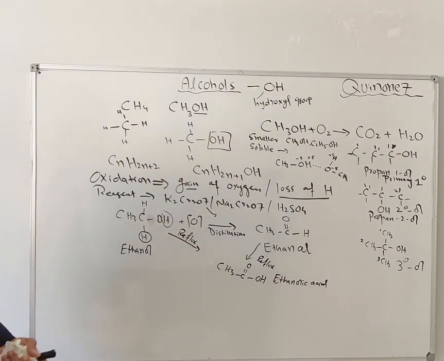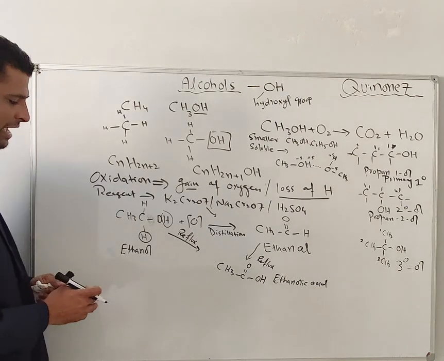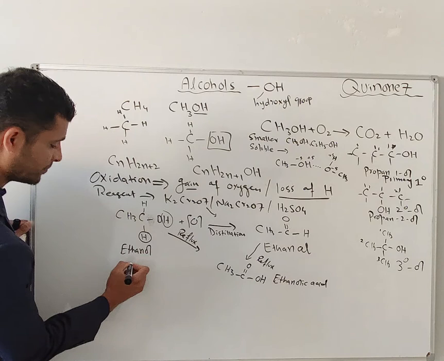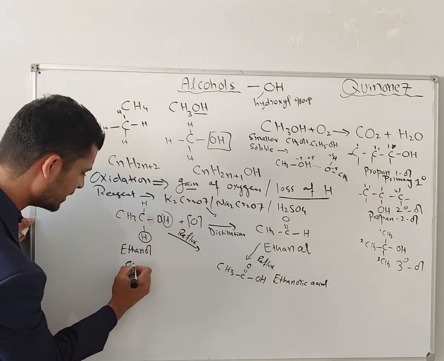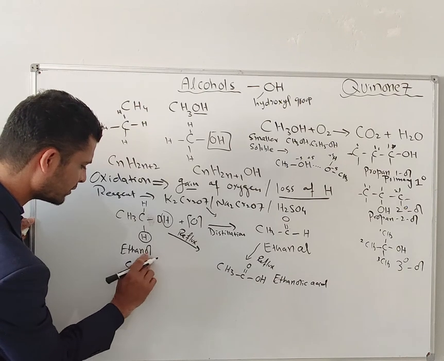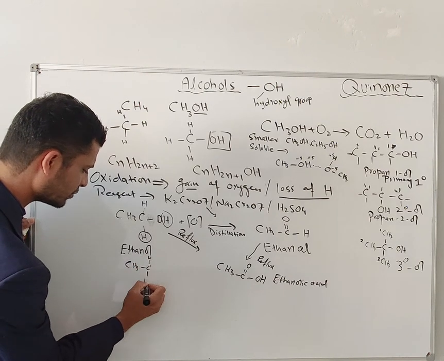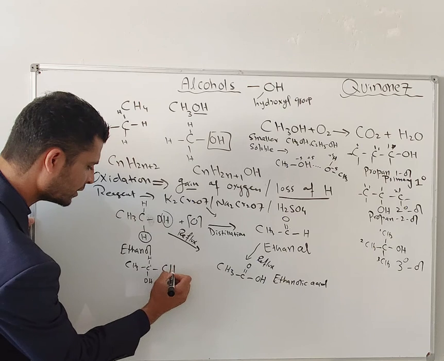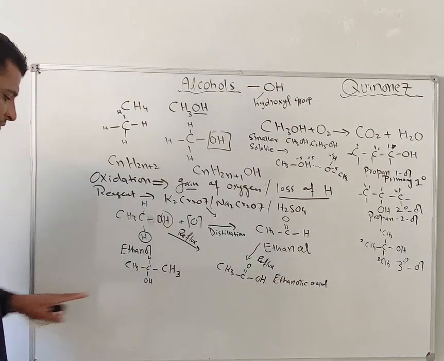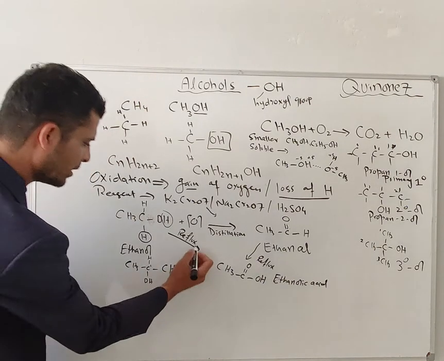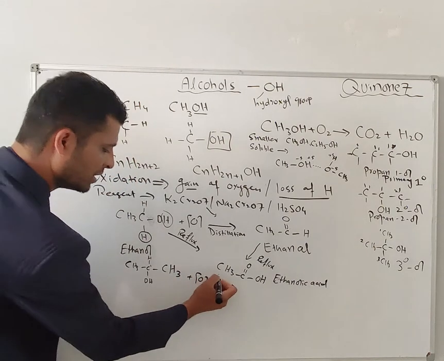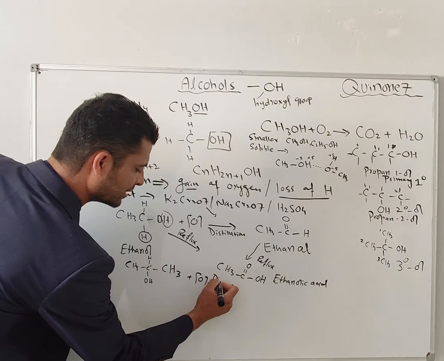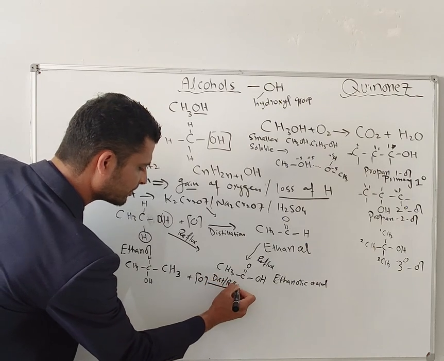Now I'm going to change it, and I would like to see what happens when you have a secondary alcohol. So if I use CH3, CHOH, CH3, this is propan-2-ol. I'm going to do oxidation with K2Cr2O7. It doesn't matter whether it is distillation or reflux.